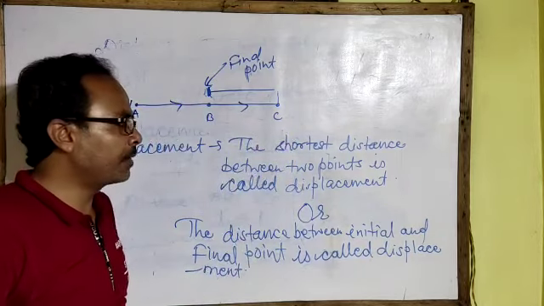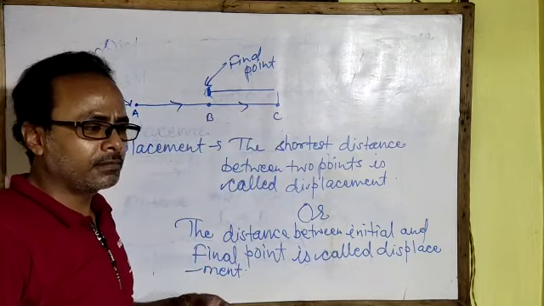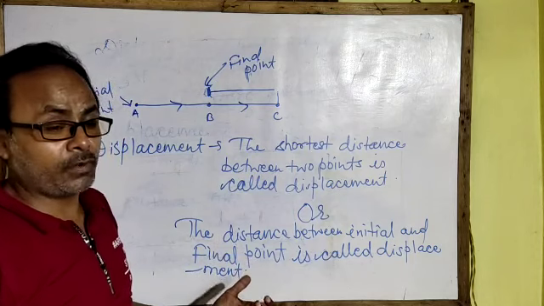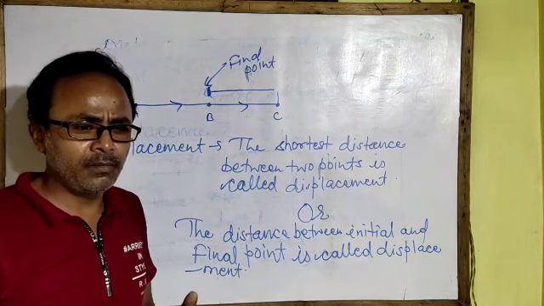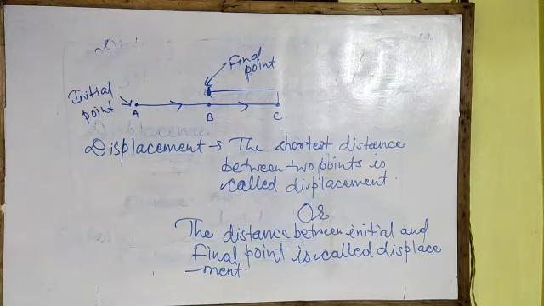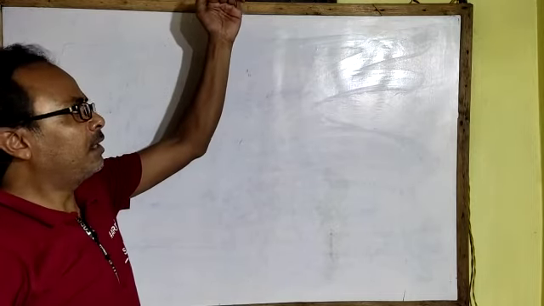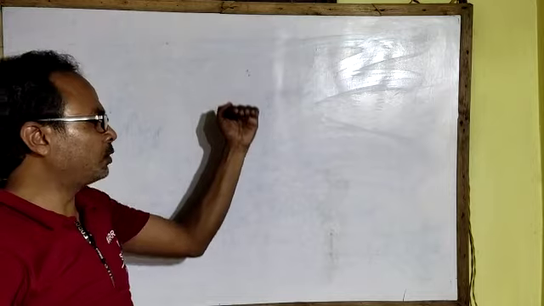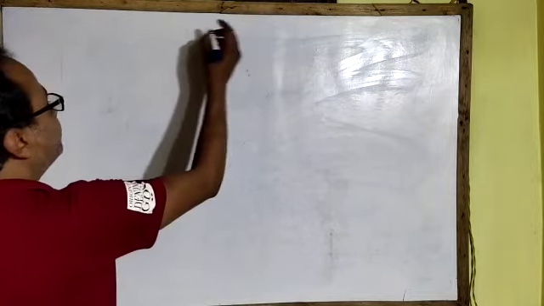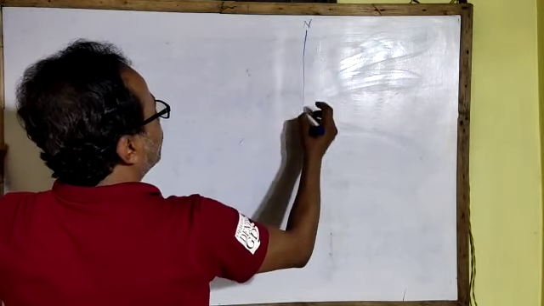So dear students, we were studying displacement on a straight line, but will a person always travel in a straight line? Obviously not. He may have some other kind of route. Suppose a person is traveling from north to south.